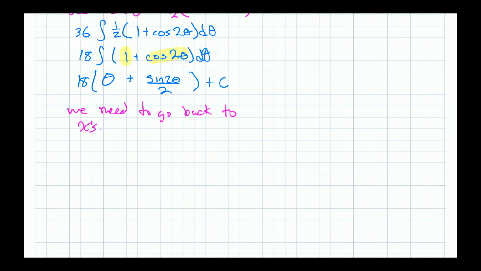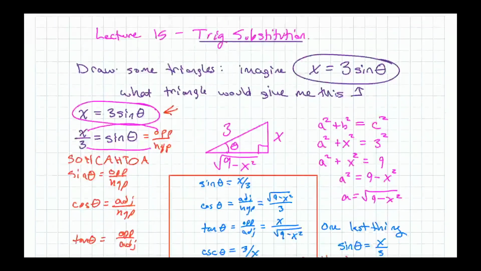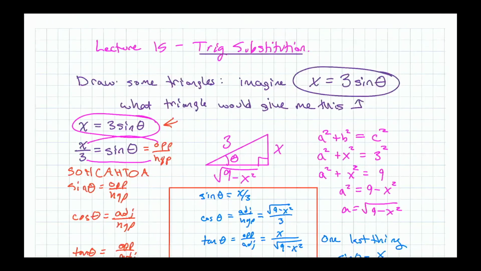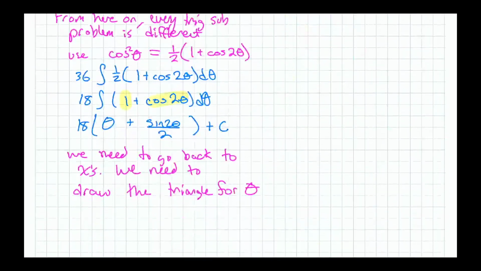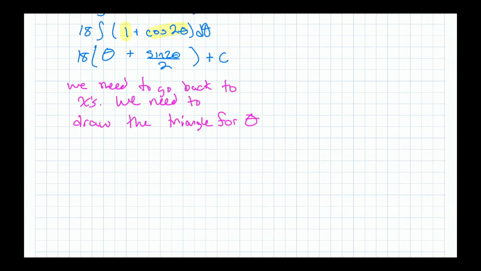We need to draw the triangle for theta. In the triangle we drew way up here, we have a theta. What we don't have is a 2 theta. So even though this was a good way to integrate it, we can't have a 2 theta because we won't be able to use our triangle.